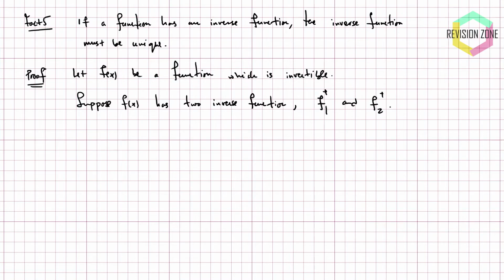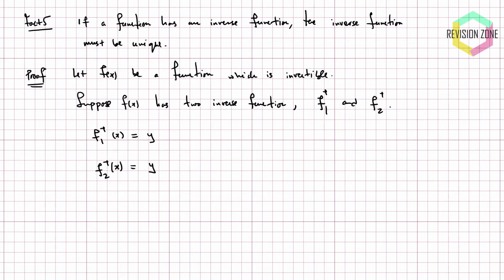Now what that tells me is I've got f1 inverse of some input giving me some output, but of course if I give the same input to f2 inverse, then that's going to give me the exact same output. They have to, because this function originally has a unique pair of inputs and outputs.